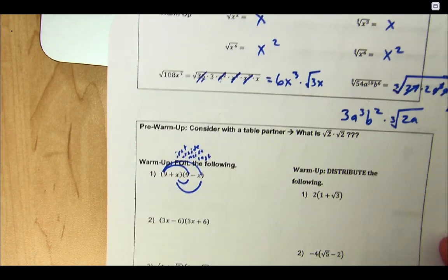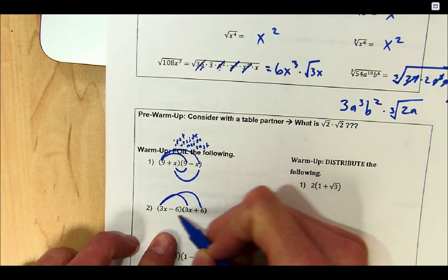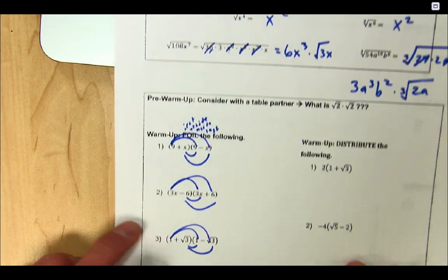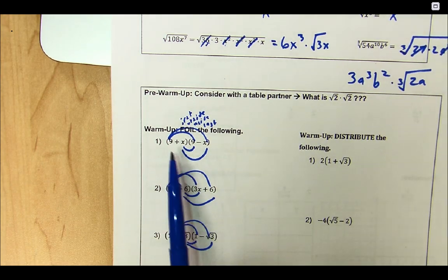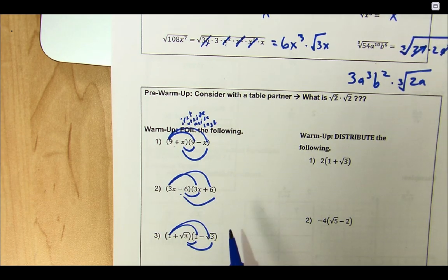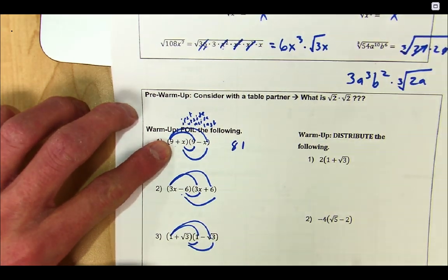But what I want you to notice about number 1, number 2, and number 3, I'm going to FOIL all of these, but what would happen? Well, because one of these is a positive and one of these is a negative, the middle terms would cancel out, right? So here you would do 9 times 9, you would get 81.